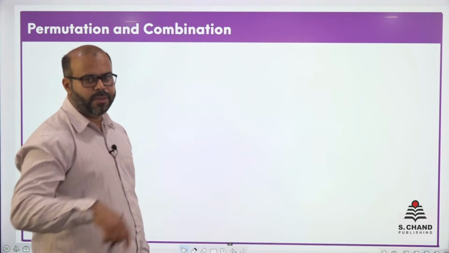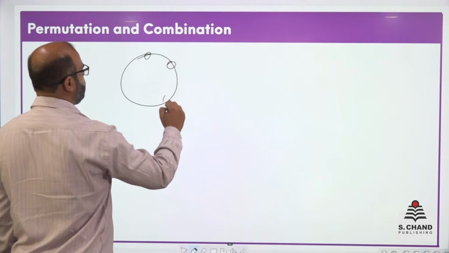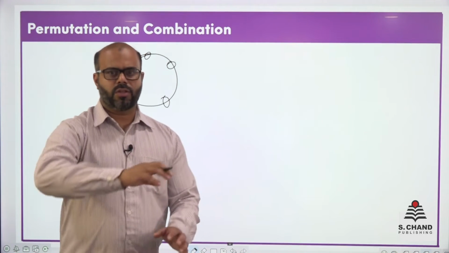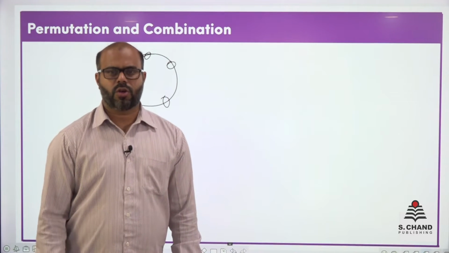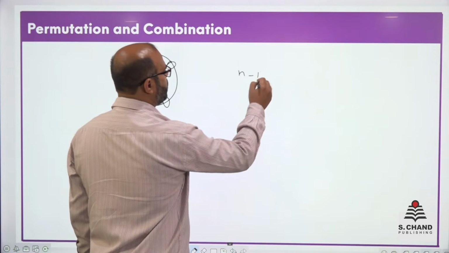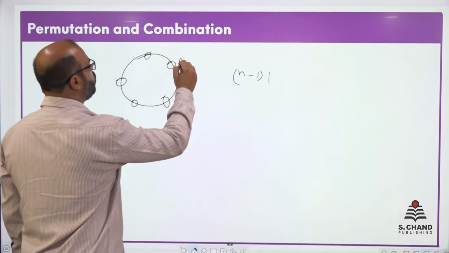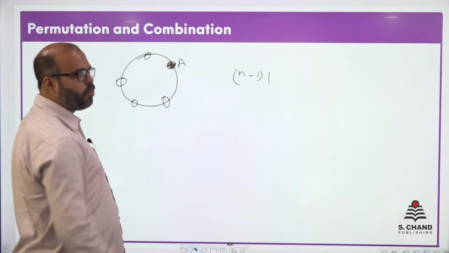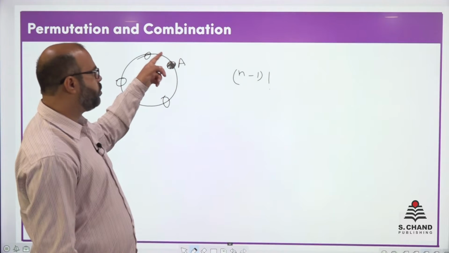Further, about circular arrangement. Suppose there is a circular table and there are chairs around it. How many ways can you arrange n persons in n chairs? That will be done in n minus 1 factorial ways, not n factorial ways. Why? Because one object is used to fix the starting point from where the row will begin, and then the arrangement is with respect to this fixed object.